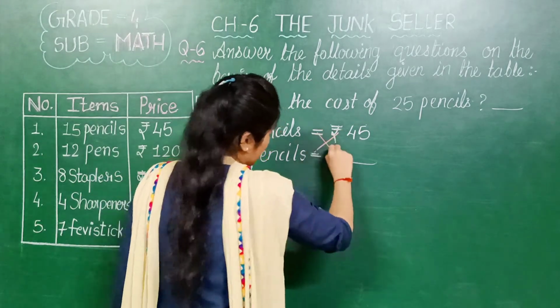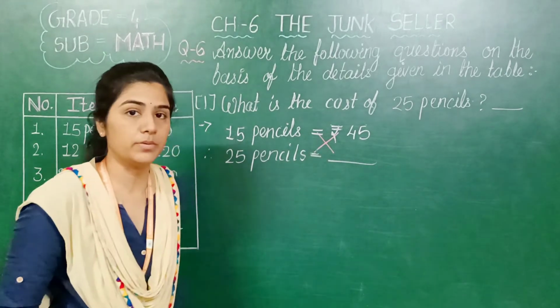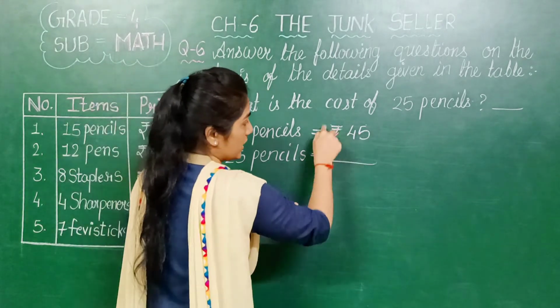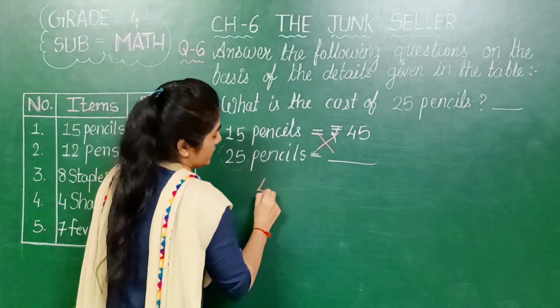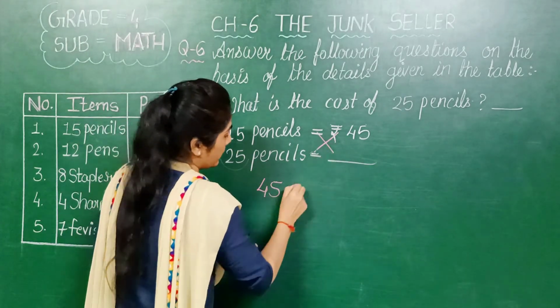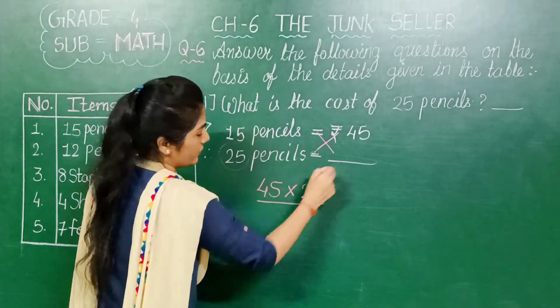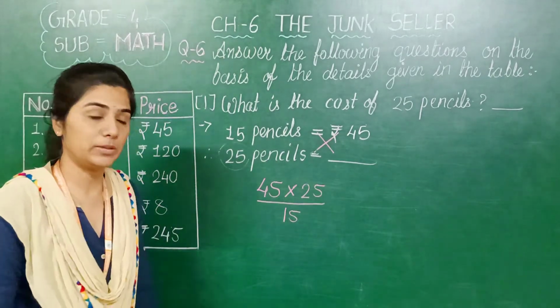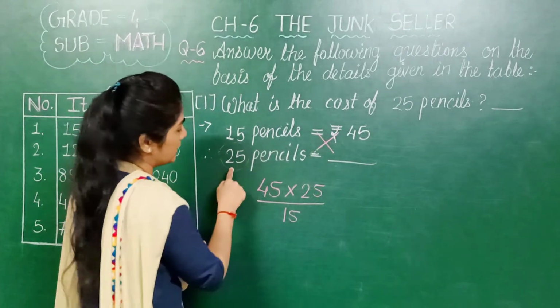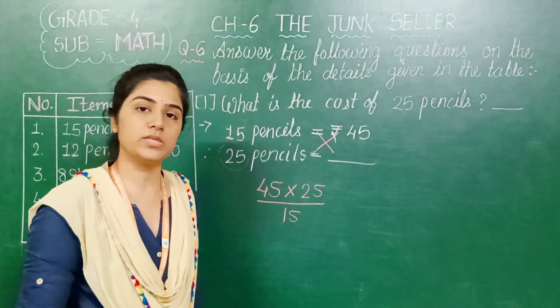So cross multiplication you will do like this. See why I am making the cross here, so that you know which number will go with which number. 45 we will multiply with this 25, and 15 will come down, meaning we have to divide by 15.